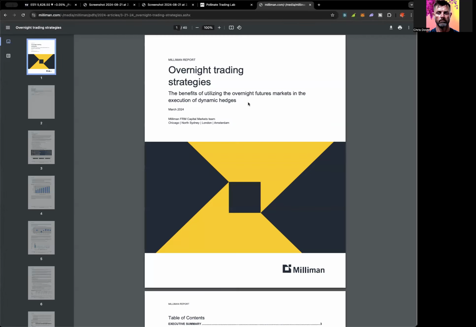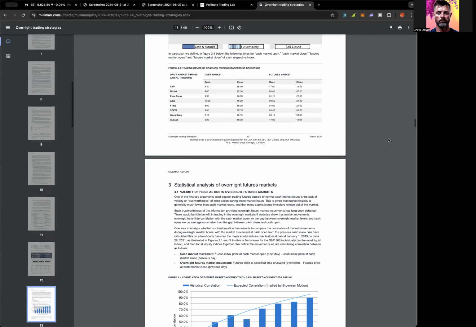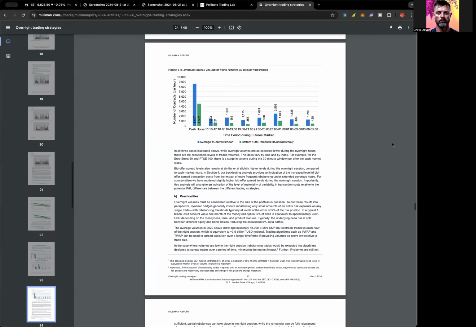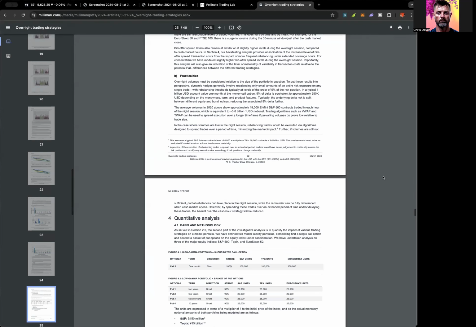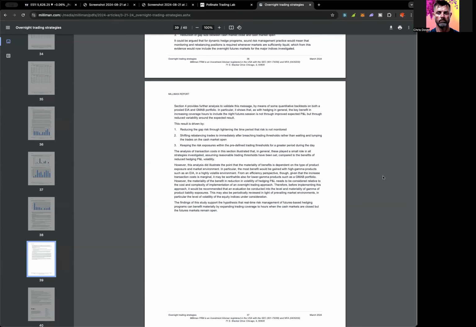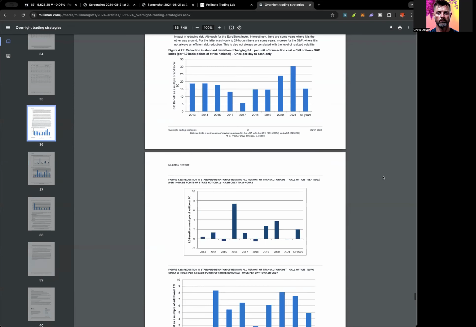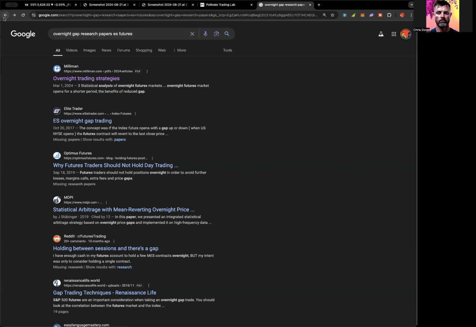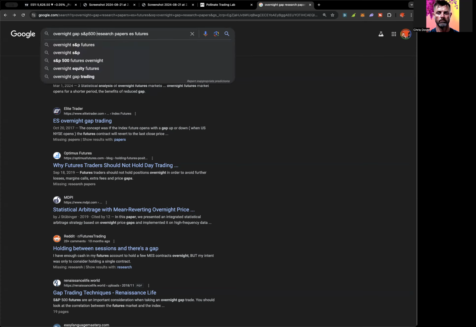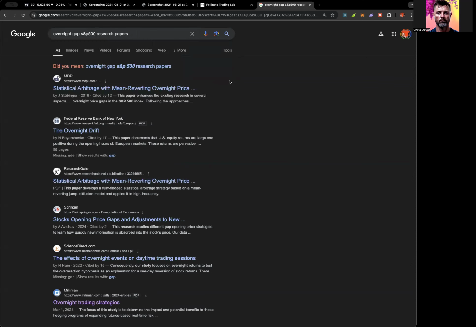I'm trying to be fancy on my shortcuts. I think if they put references in here, they did not put references in there. There are just hundreds and hundreds. S&P. Okay, you can find overnight drift.